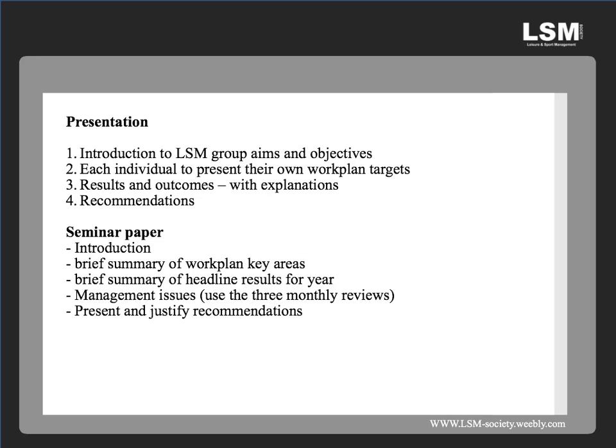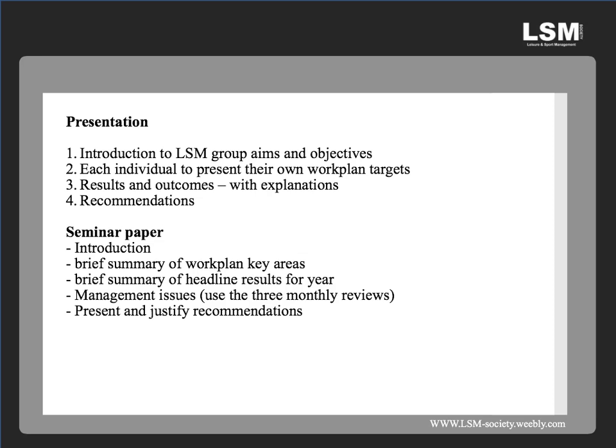That should lead on then for you to focus on the management issues that you've identified in your 3 monthly review logs. What I'm looking for in this section of the seminar paper is that you highlight any consistent themes across the year, using those as a mechanism to help you present and justify some of your recommendations.